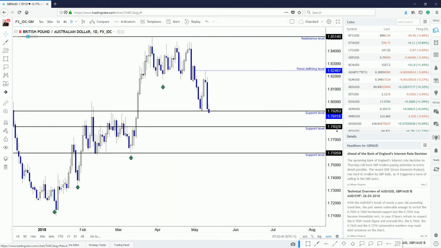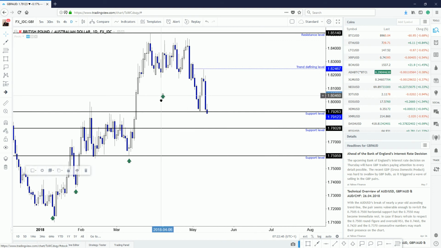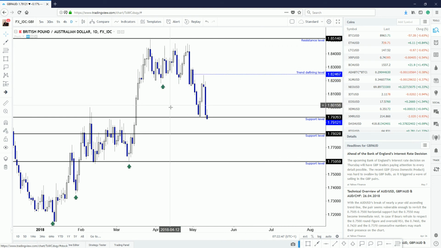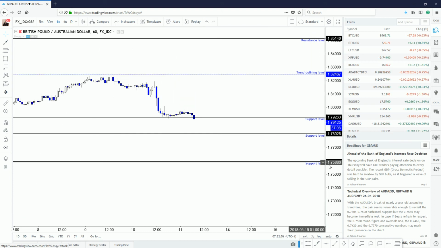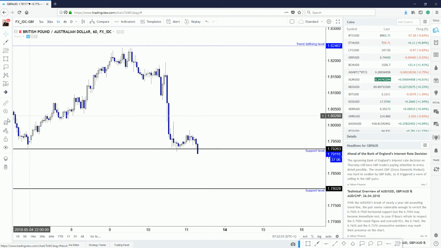So here's the pound Aussie dollar, and the market is actually trading lower as we speak. It's taking out the low, and this is a very classic setup. Stop loss is a bit wide on it, but yes, this is a classic break to the downside.